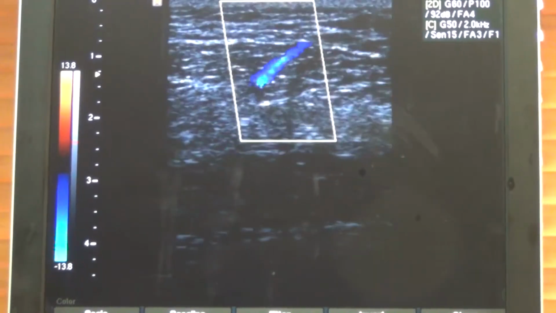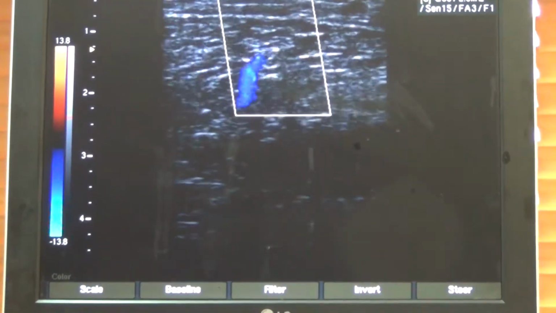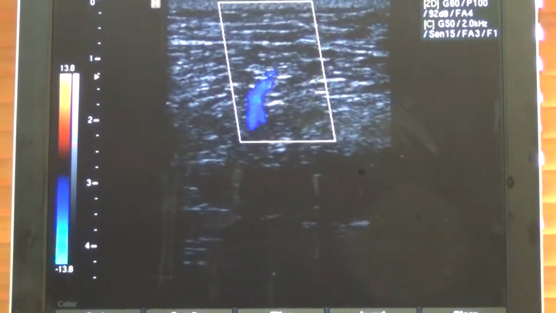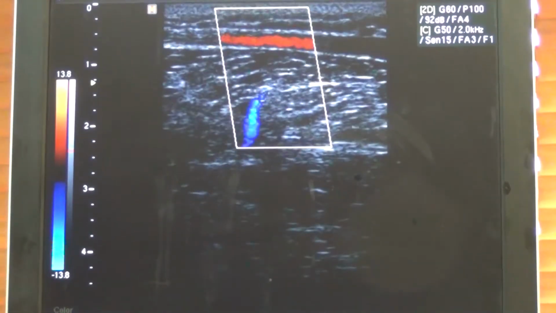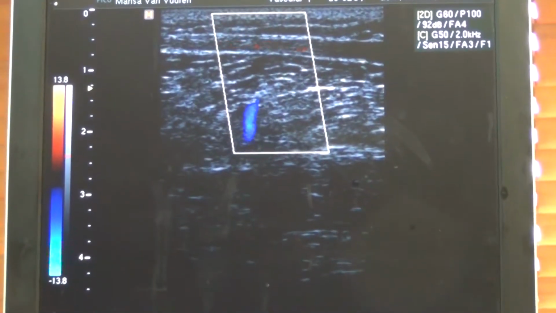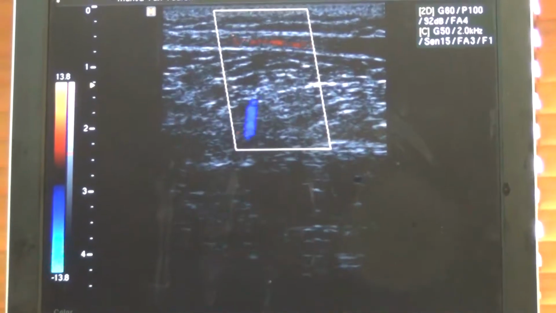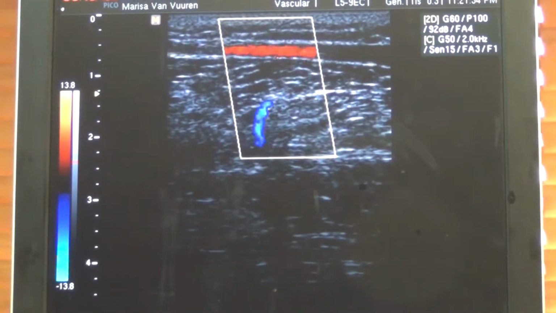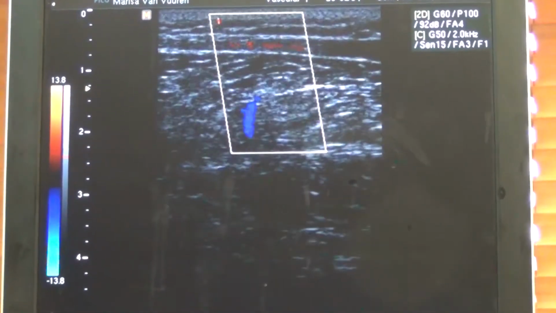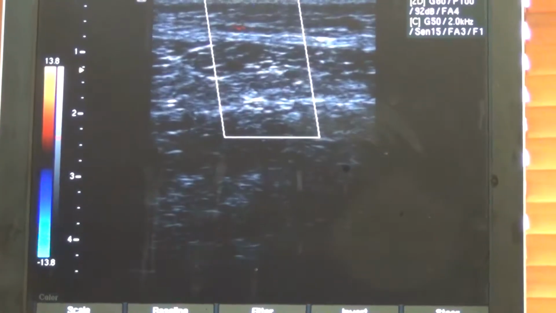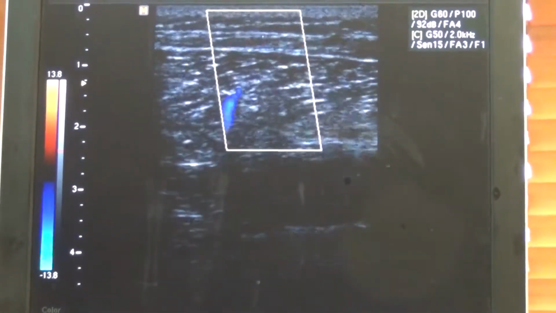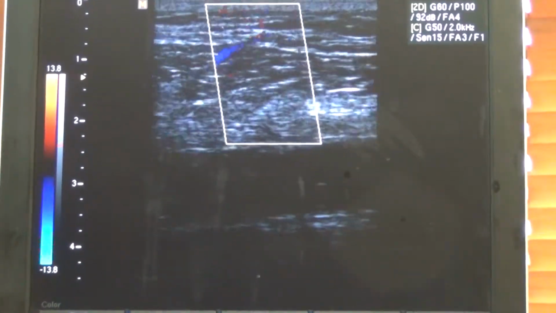Could this represent the arteriovenous anomaly in the great saphenous vein? It seems most likely.